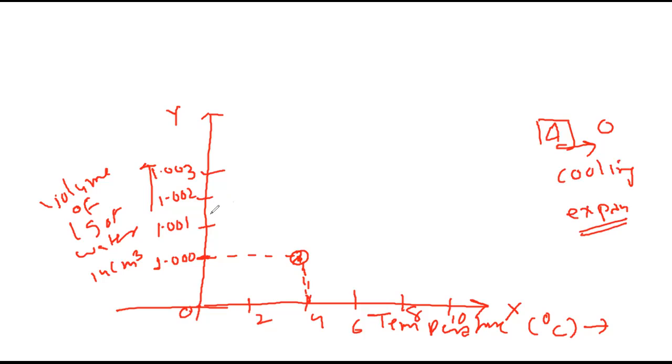It may go upward, and at 0 it will be maximum. What will happen further? At 0 it is maximum, at 4 it is minimum, 1, and after 4 it will expand and increase. Have you followed this graph? Please draw. From 4 to 0, instead of contracting it is expanding, and from 4 to higher it will definitely expand. Okay, this is the graph.